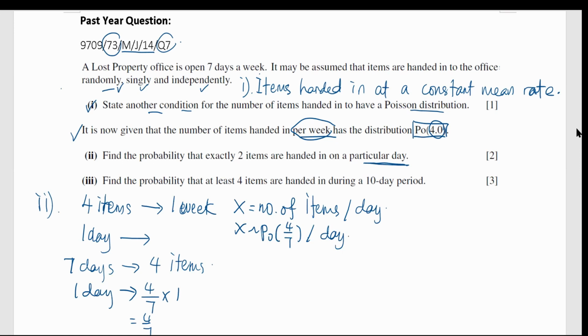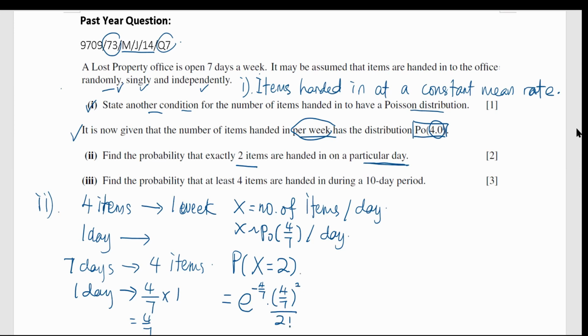So only now do you have the correct mean value to answer part 2, where the probability that X equals exactly 2. According to the formula, which is e to the power of negative lambda, the mean, in this case 4/7, and then multiplied with the mean, lambda, to the power of 2 divided by 2 factorial.